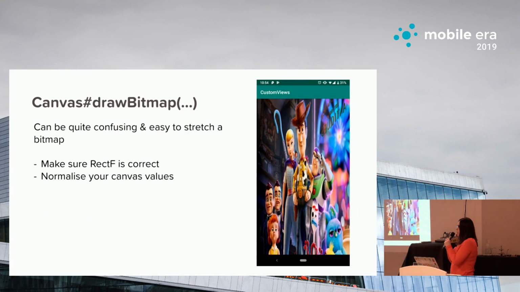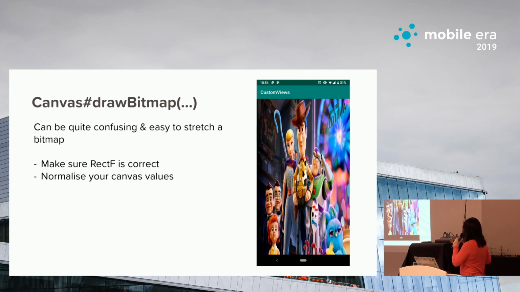But drawing bitmaps on screen is actually quite tricky on Android. It can be quite easy to produce something like this, where you stretch it out of proportion and it just doesn't look good. So you need to manually make sure that your rectangle that you send to the canvas is already in the correct aspect ratio and the correct size and place that you want it to be drawn on screen.